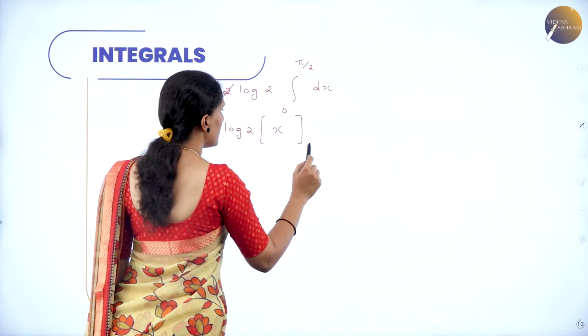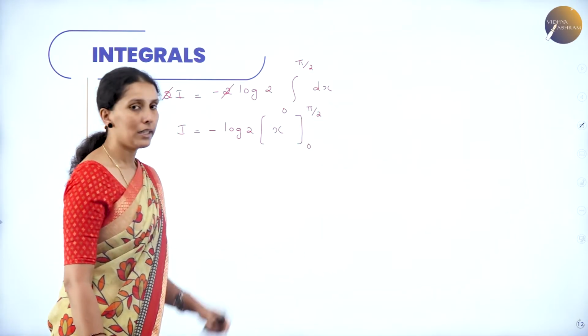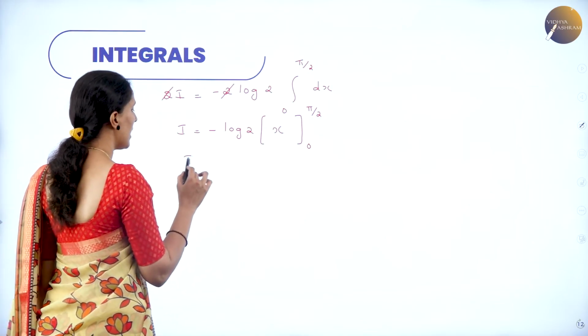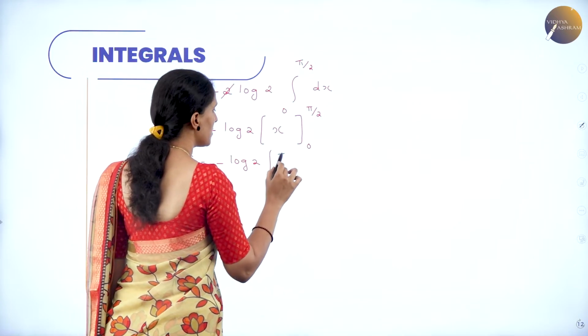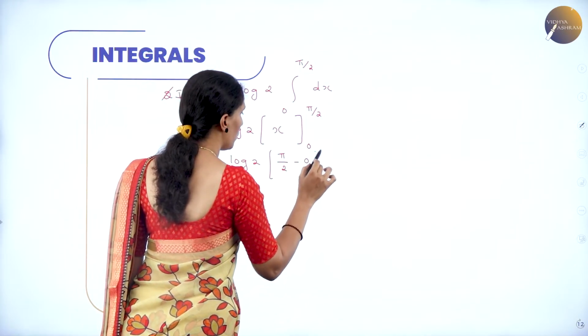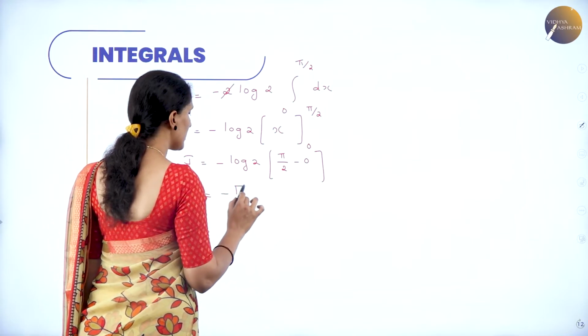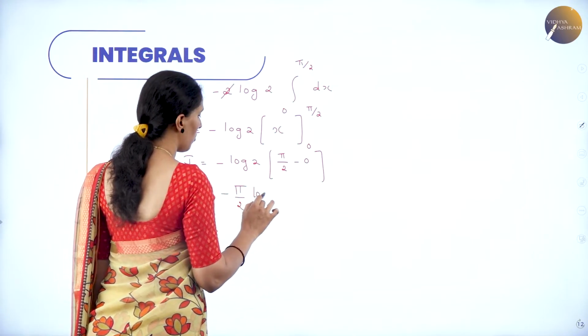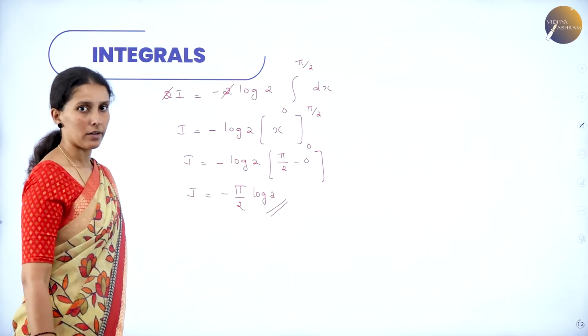It is x from 0 to pi/2. Next, apply the limits. So this is I equals minus log 2 times (pi/2 minus 0), which is pi/2. Therefore I is minus pi/2 log 2. This is the value of the given integral.